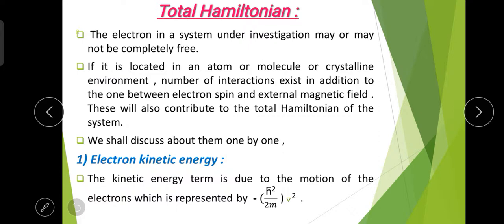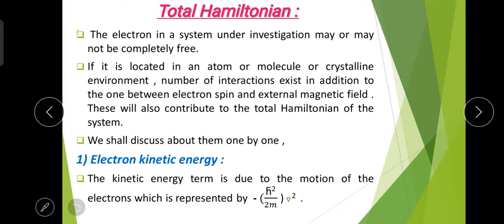The electron in a system under investigation may or may not be completely free. If we consider an atom, we know that at the center there is a proton and neutron, and around that there are the different electrons, or simply if we consider a single electron system, then we have one electron in the orbit or in the shell.